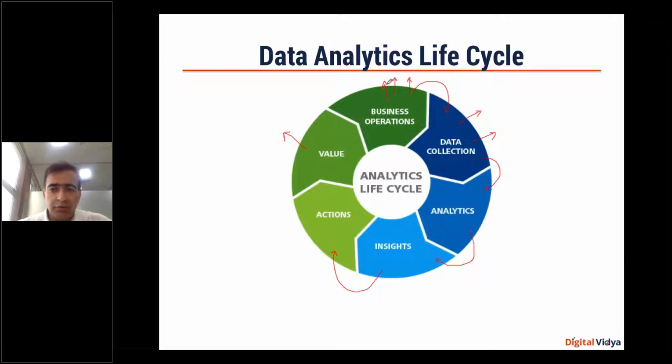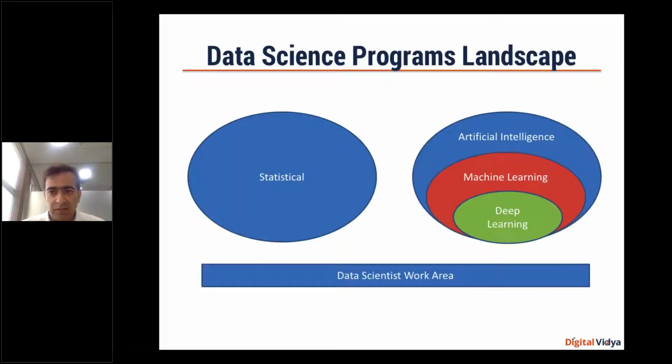I would want to create a much bigger landscape of the problem that we have done. What we've done is that we've tried to solve one particular kind of problem in the data science space. But if you look at the kind of work that is currently happening in data science, the landscape is actually much bigger.